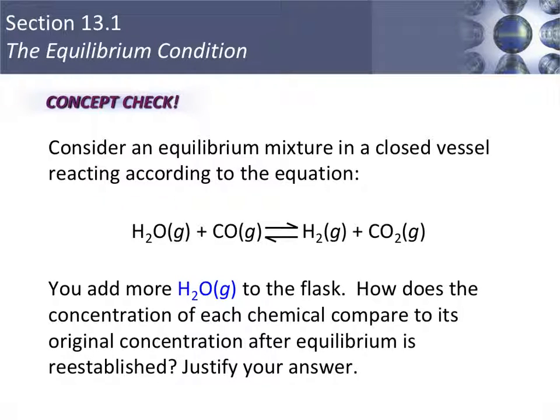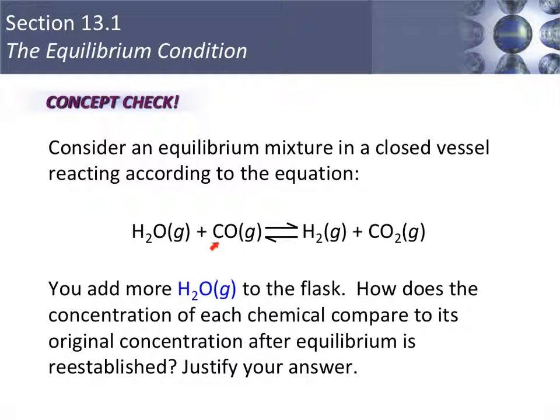So here we have a reaction between water vapor and carbon monoxide to produce hydrogen gas and carbon dioxide. And the question is, let's say that we're at equilibrium and we add more of the H2O. So essentially what we've done is we will have upset equilibrium. So some of the H2O will have to react. It will initially go up because we've added something, but it will go back down a little bit.